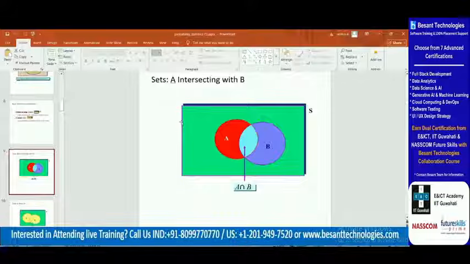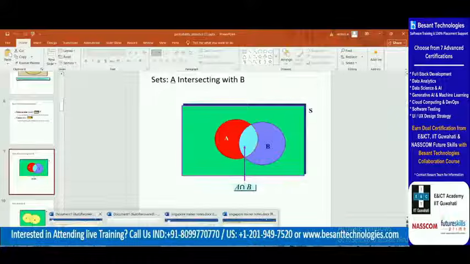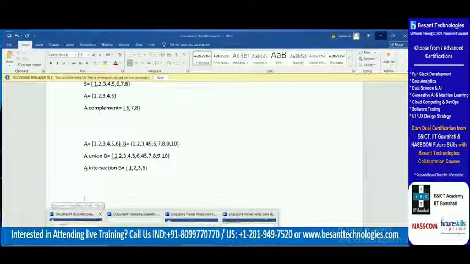The Venn diagram will consist of a square. Inside the square, we can have both the samples together. Okay, so if we are going to have 3 samples, we can have them together. If we have 4 samples like A, B, C, D, you can have them together. Okay, so now we have only 2 samples like this, which is A and B. Now I have taken the samples of A as 1, 2, 3, 4, 5, 6, no?